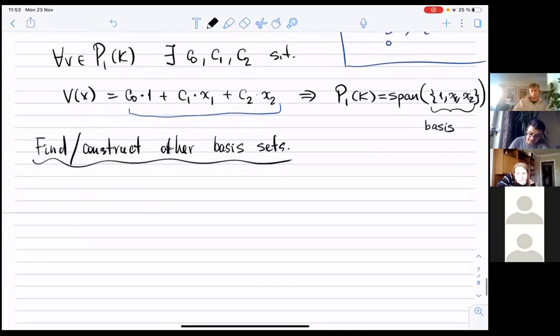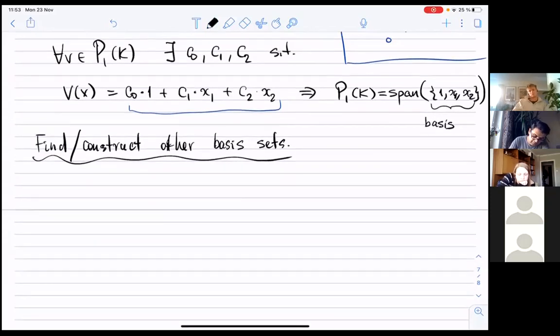We construct these Lagrange basis functions. You can just extend it to 2D.